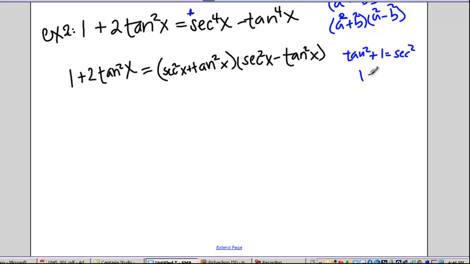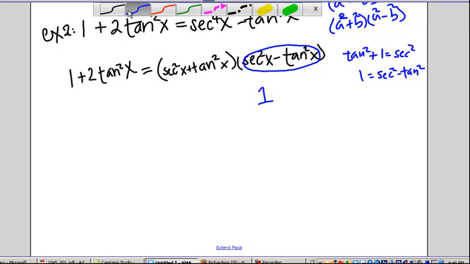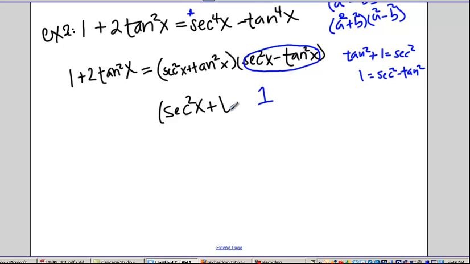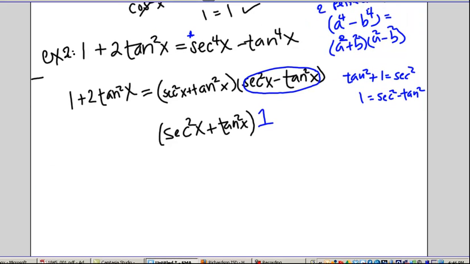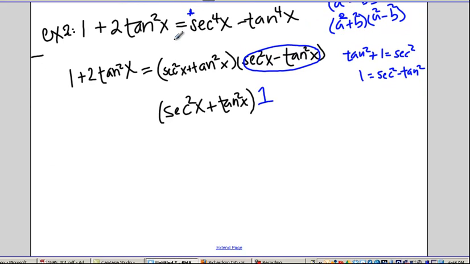But if we solved for 1, we would get secant squared minus tangent squared. Right there. So we get to substitute 1 in place of that. So we still have secant squared of x plus tangent squared of x. Okay? See how that kind of nicely canceled out and already looks a little bit easier?